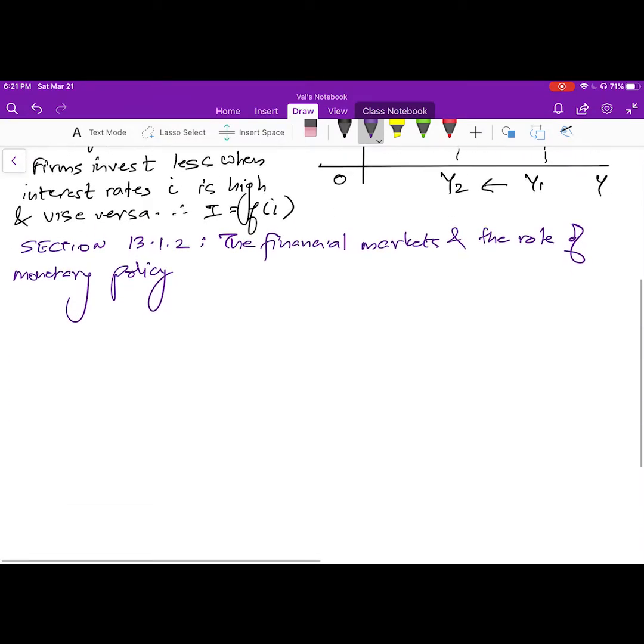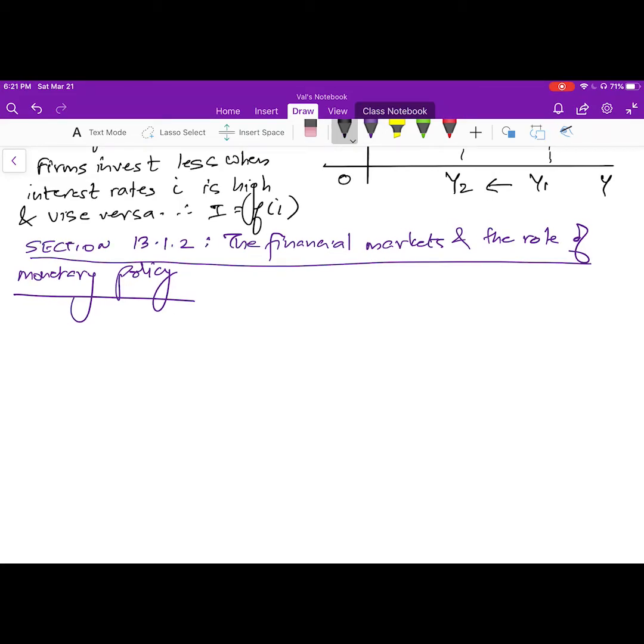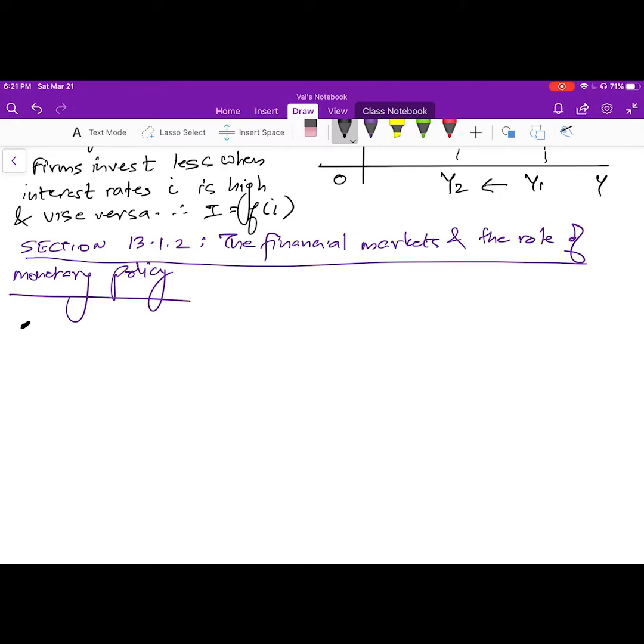Okay, so before we start discussing the role of financial markets and monetary policy, let's start with some assumptions.